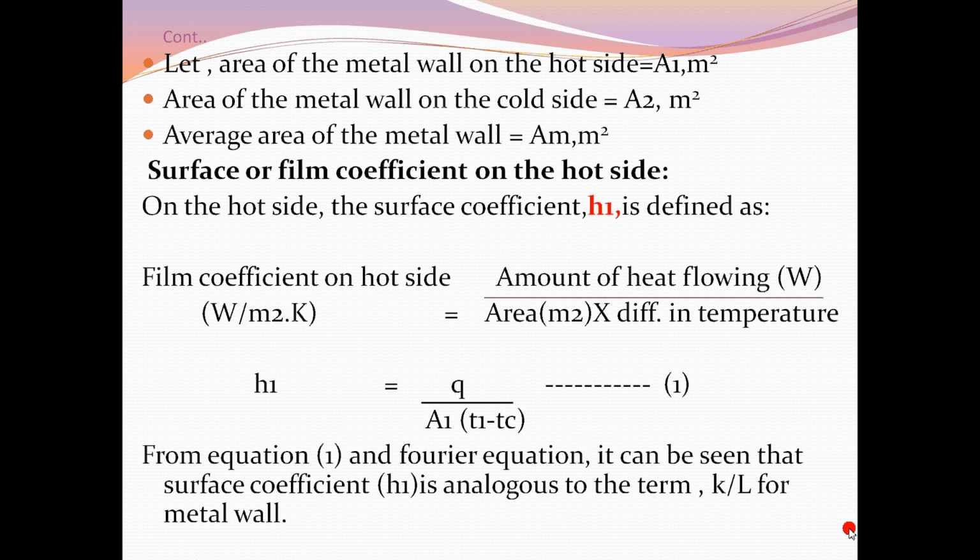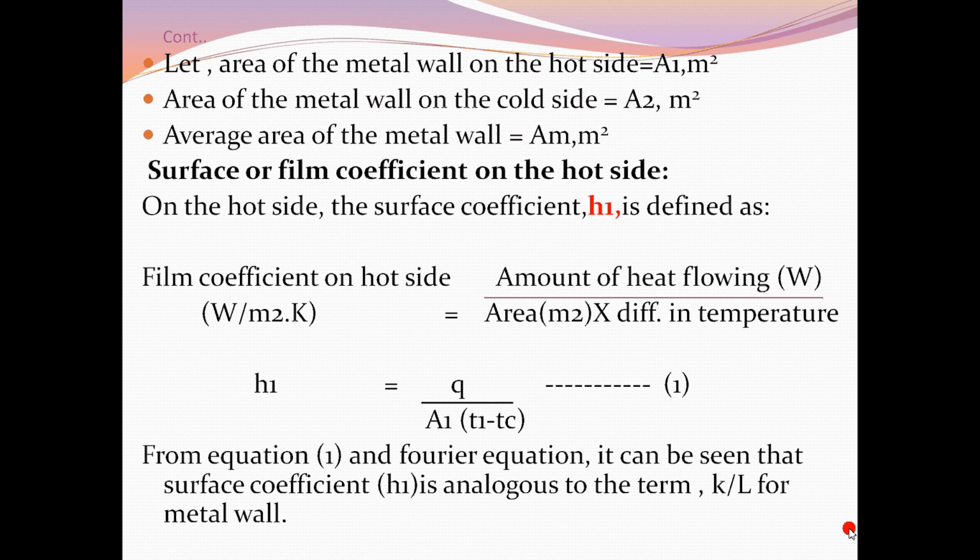Now we consider the surface or film coefficient on the hot fluid side. This is denoted as H1 here, 1 for the hot side. As per definition, the surface or film coefficient is equal to the amount of heat flowing divided by area into difference in temperature.